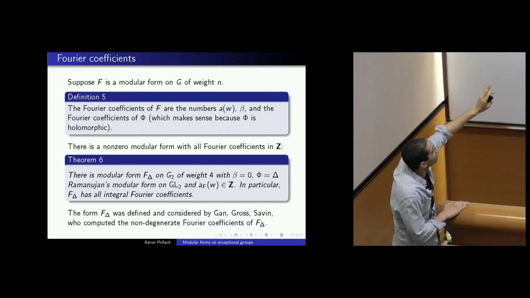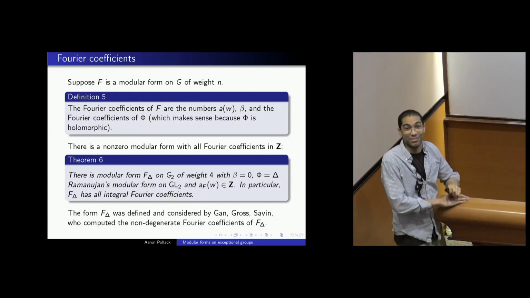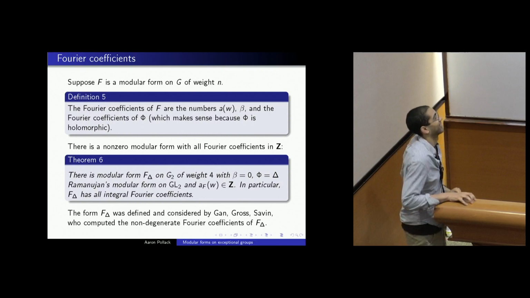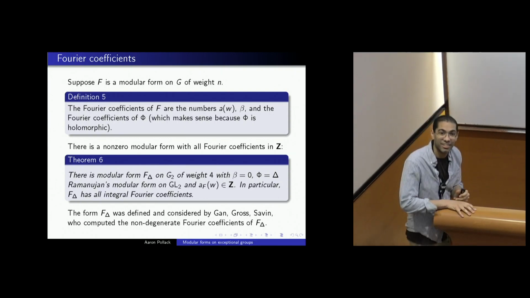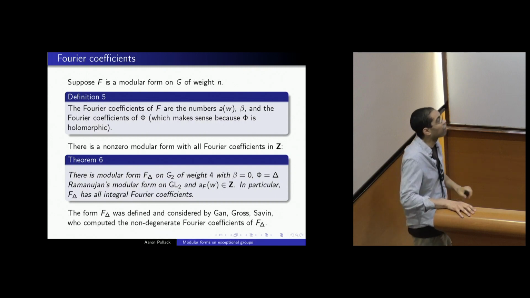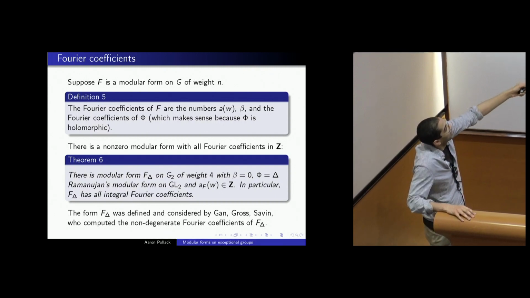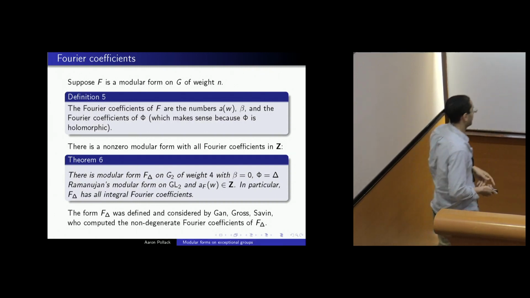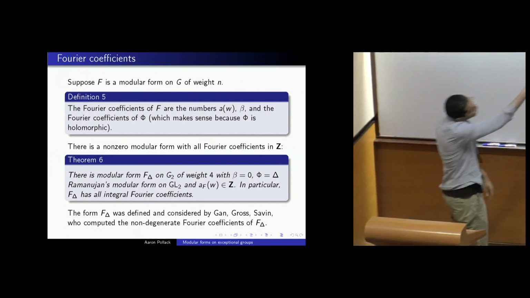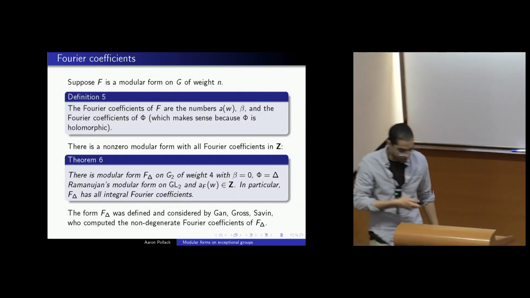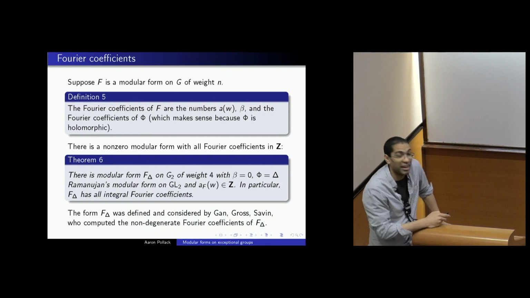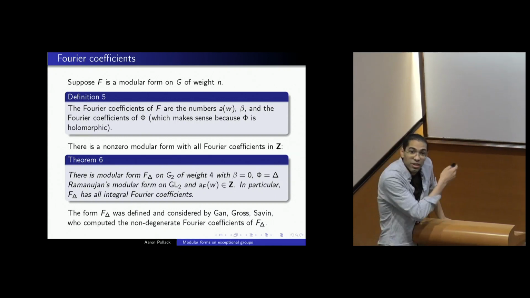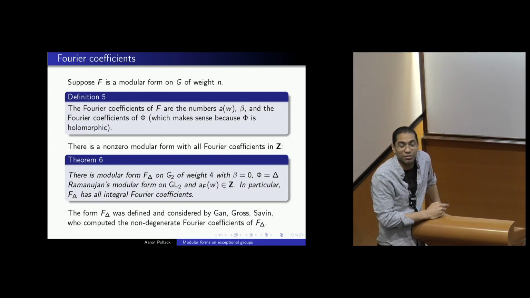At the moment, I have one modular form that has integer Fourier coefficients. I'm going to have a slide later that will explicitly define this automorphic function, and so it follows from computing it.